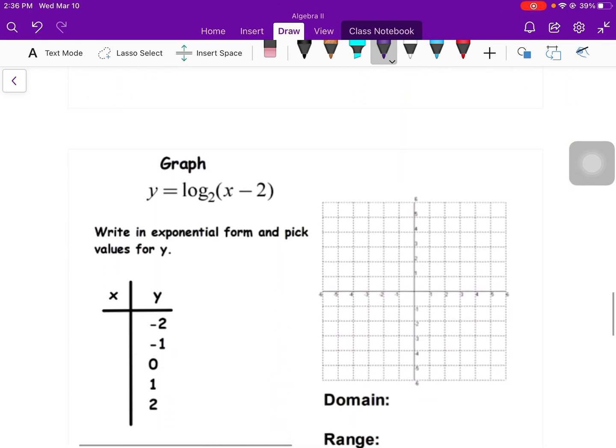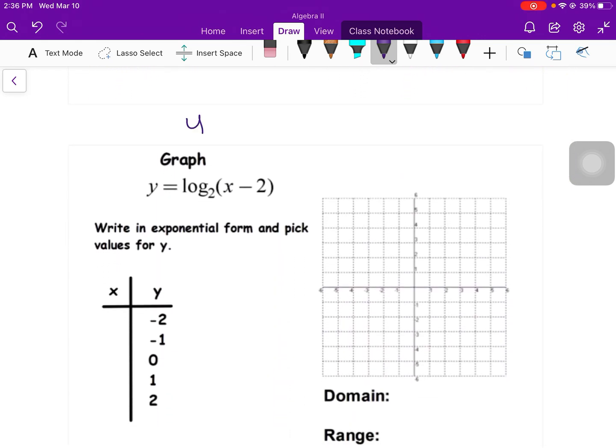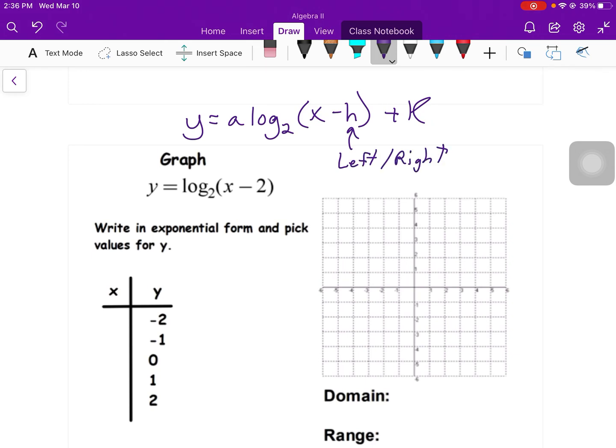All right, so anyways, we've got this whole moving logs around, so I'm going to put an a out in front of the log base 2, inside of the parentheses and outside of the parentheses. This number will move it to the left or the right. This number will move the graph up or down. Now my parent table is going to be the same table as the one up above.